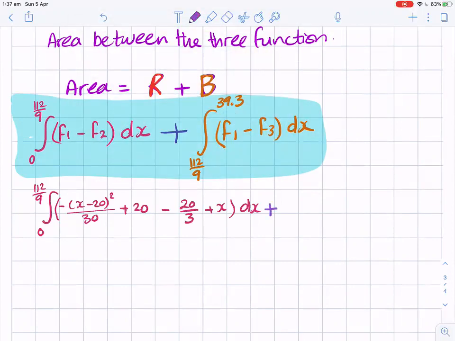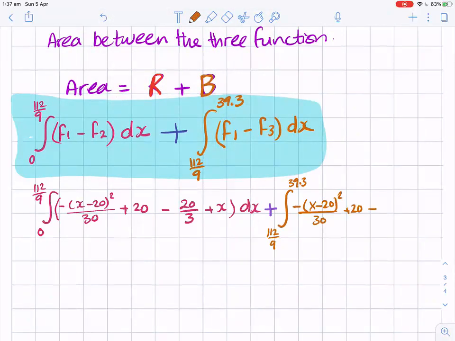So plus the other integration, which is the other area, from 112 over 9 until 39.3, and this is going to be f1, which is the curve, minus x minus 20 squared over 30 plus 20. So far, this is just the curve.